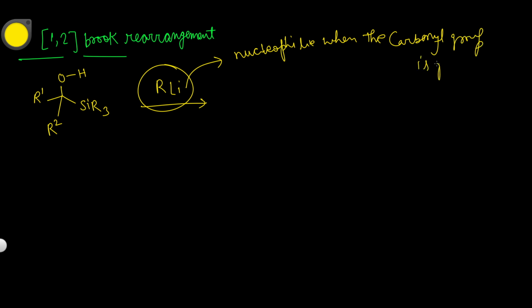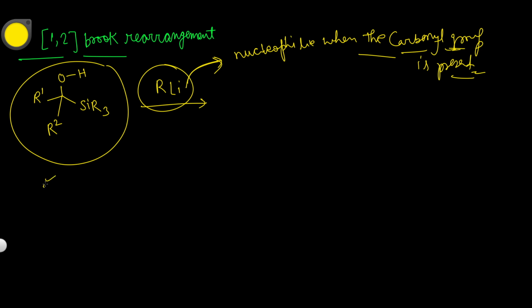It means RLi works as a nucleophile when the carbonyl functional group is present in the molecule. But here you can see in the substrate there is no carbonyl group.